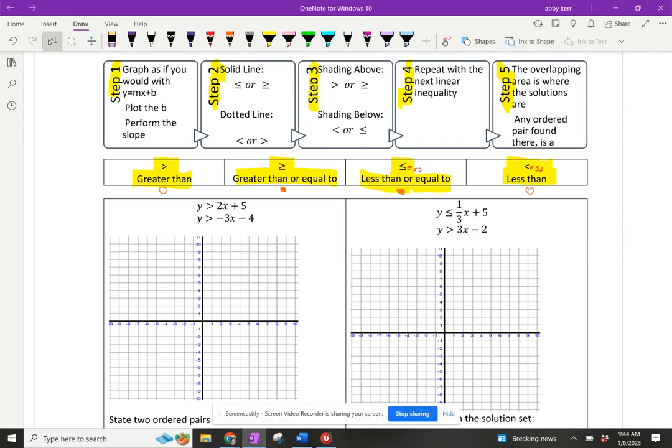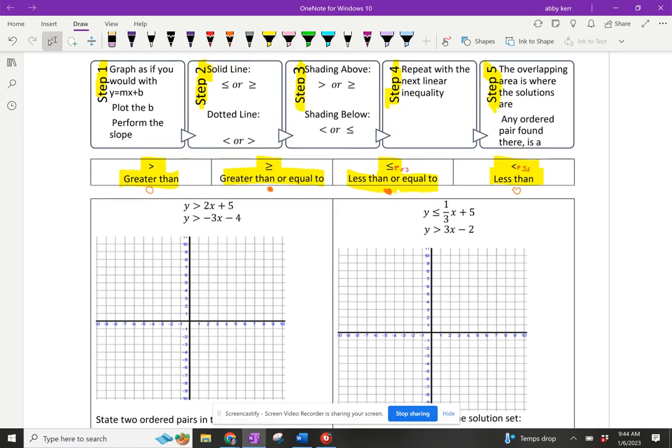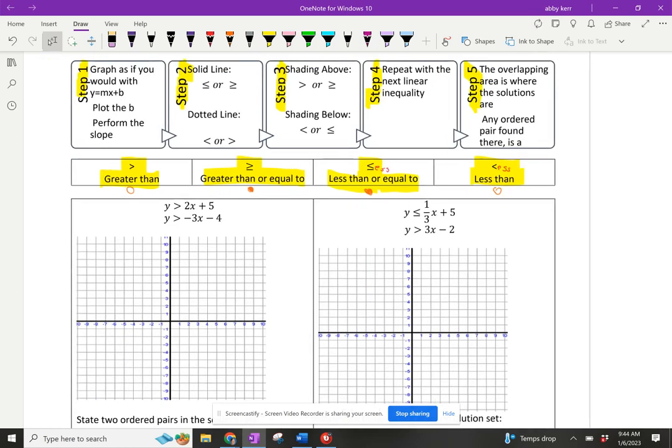However, this is linear inequalities when we have two variables. So in step 2, we're talking about a solid line or a dotted line. So the greater than symbol used to be an open circle, but now we can think of it as a dotted line.